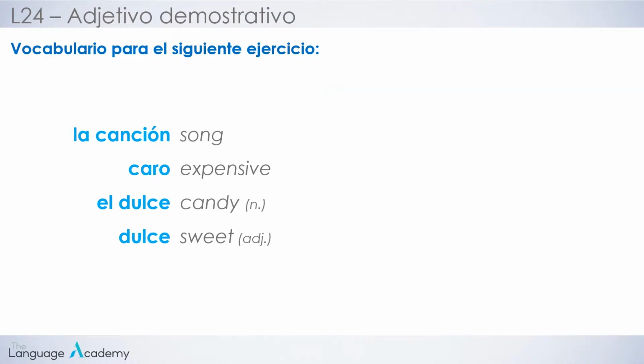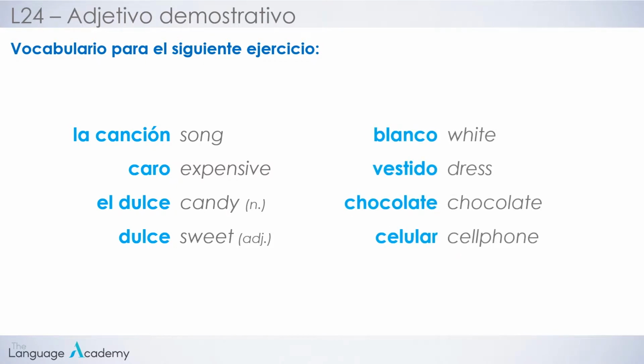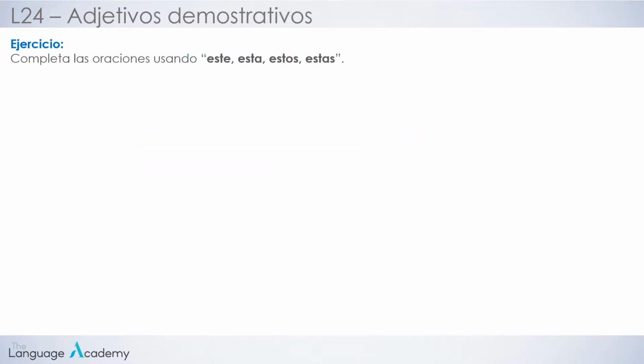Bien, then we have blanco, vestido, chocolate, celular. Ejercicio. Completa las oraciones usando este, esta, estos o estas.